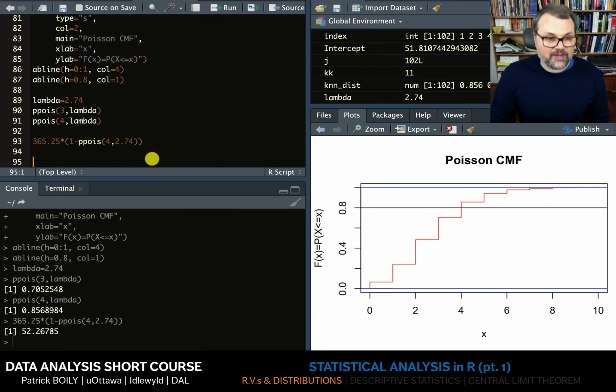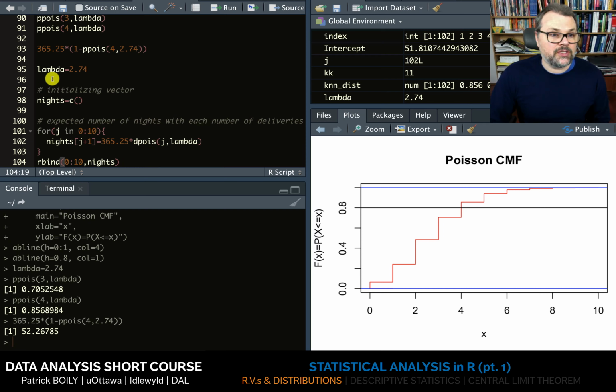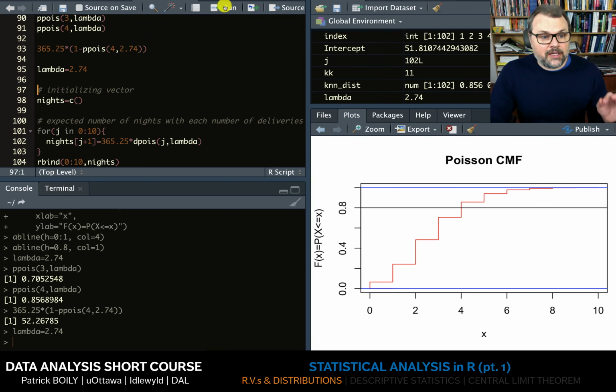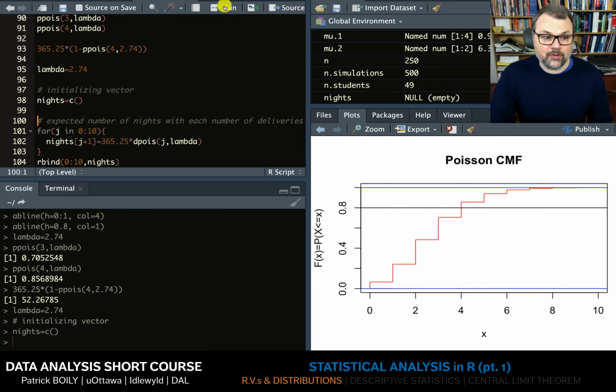Again, we're going to re-specify the lambda in question, although we don't really need to re-specify it on account of it's already been initialized before. We'll set up a quantity that computes the expectation over a year for each of the number of deliveries between 0 and 10.